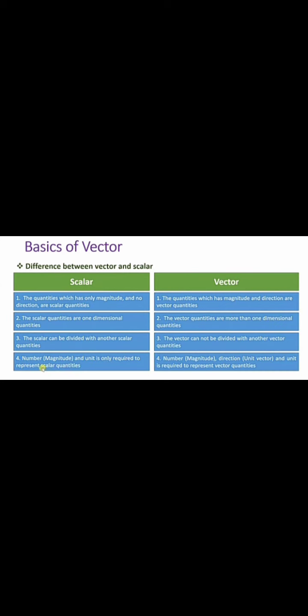Okay, next one: if you want to represent a scalar quantity, you need magnitude and unit. Magnitude in the sense of a number. Number and unit are required to represent the scalar quantities.